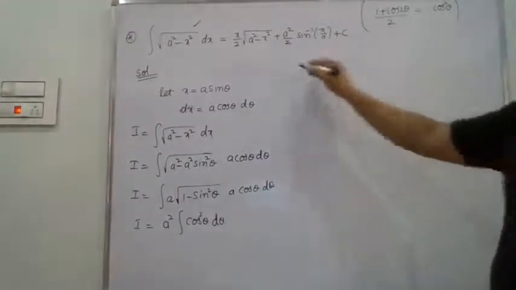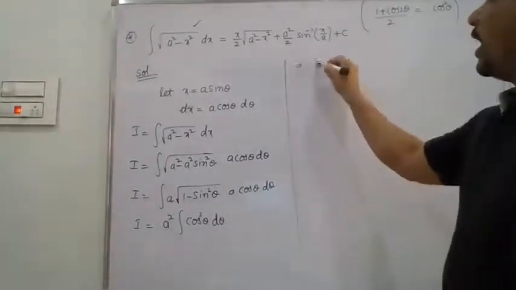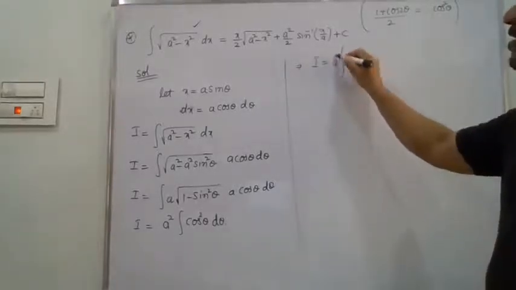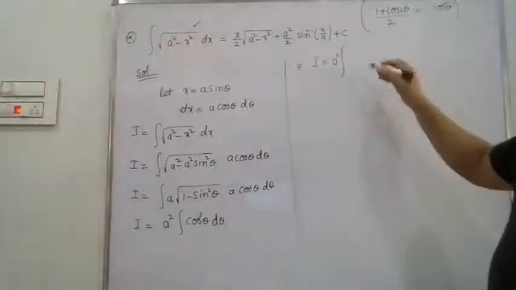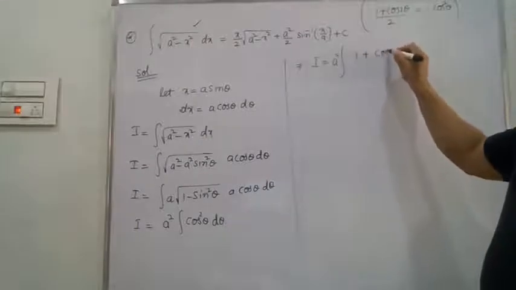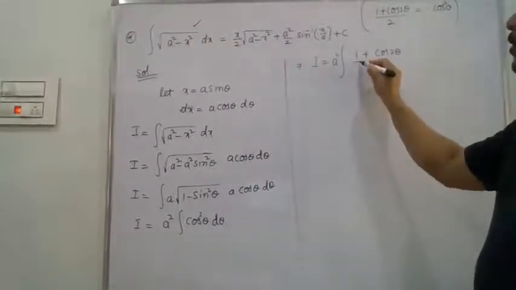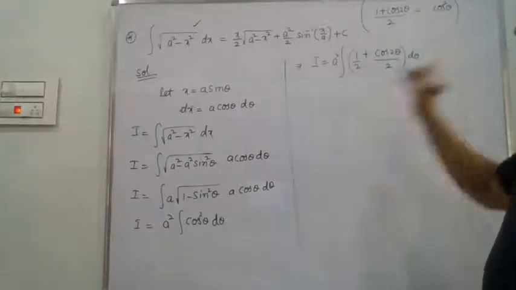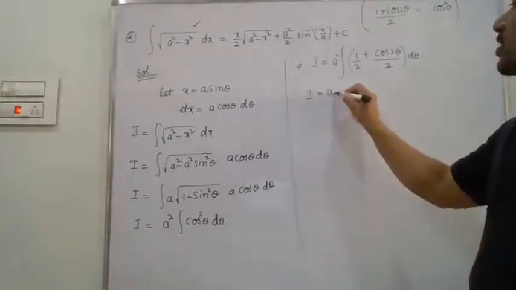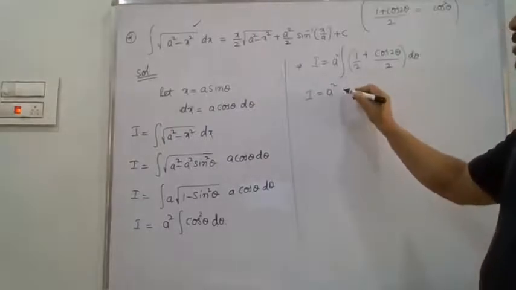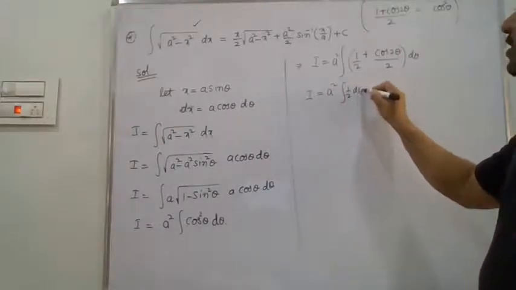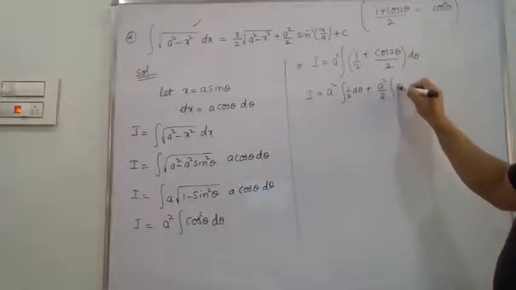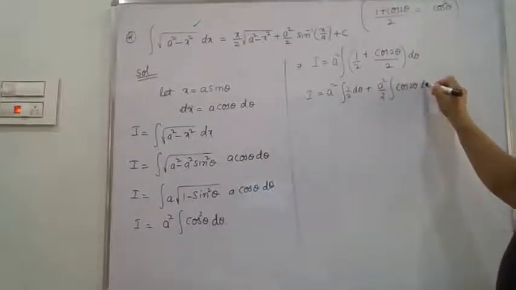Now I is equal to a square outside, and instead of cos square theta, I will write 1 plus cos 2 theta by 2. So 1 by 2 separate, cos 2 theta by 2 separate, d theta. So I is equal to a square into integration of 1 by 2 d theta separate, plus a square by 2 into integration of cos 2 theta d theta separate.